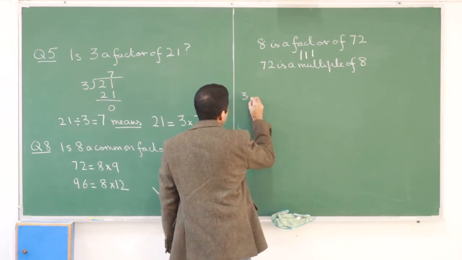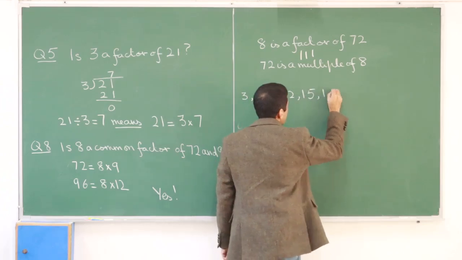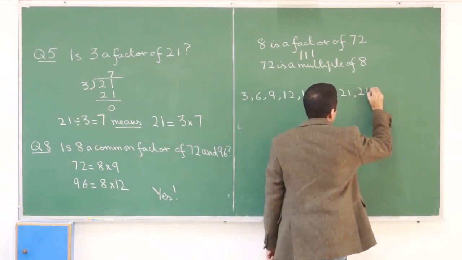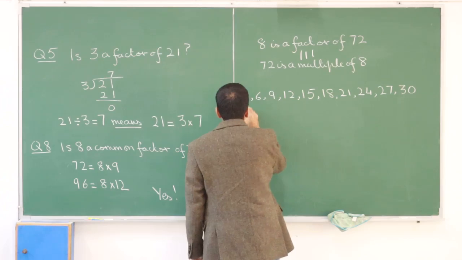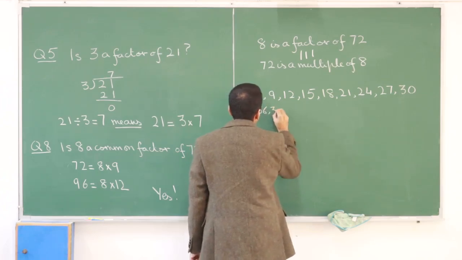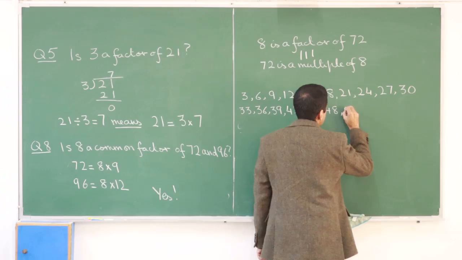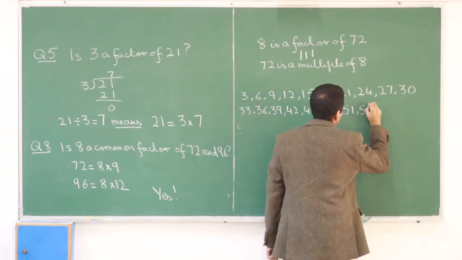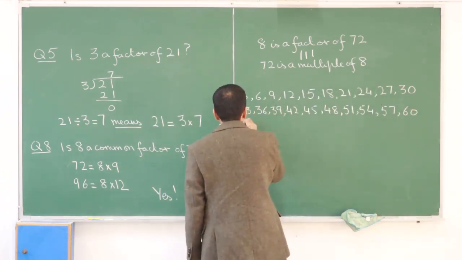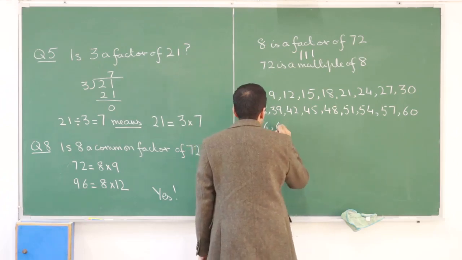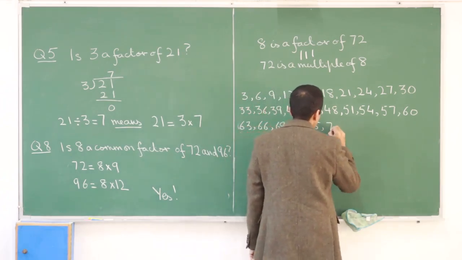So here's 3, 6, 9, 12, 15, 18, 21, 24, 27, 30, 33, 36, 39, 42, 45, 48, 51, 54, 57, 60, 63, 66, 69, 72, 75. All these are multiples of 3.